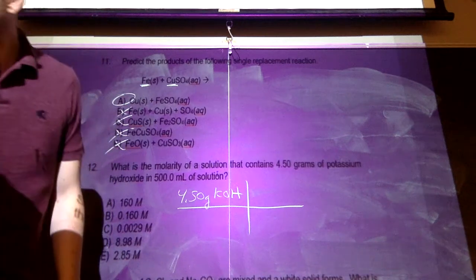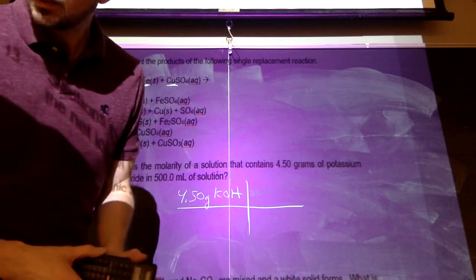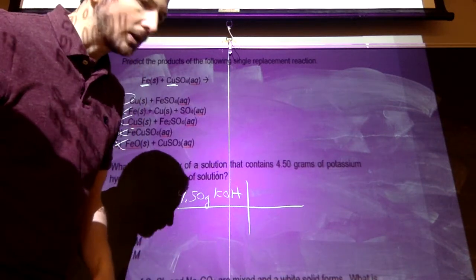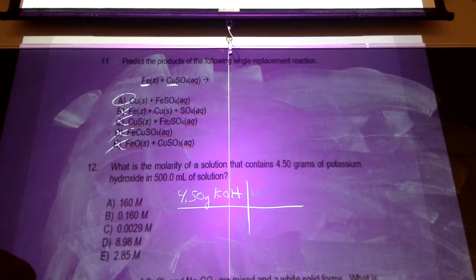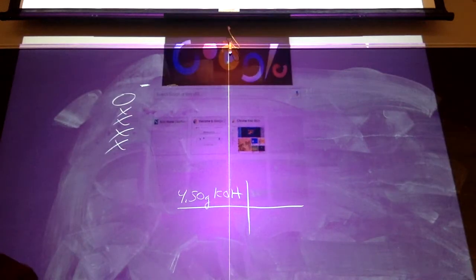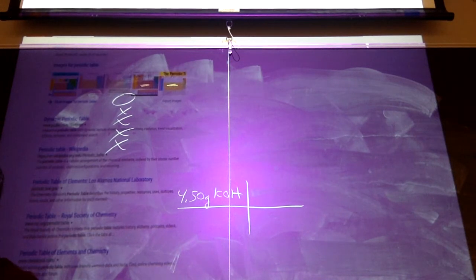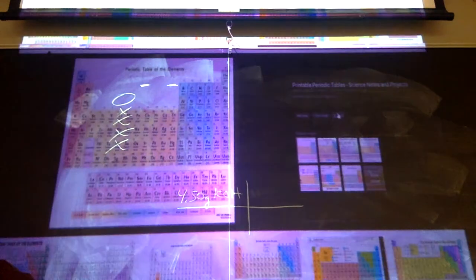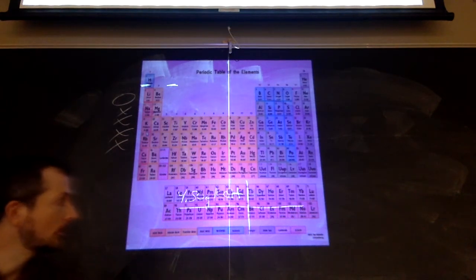I need to find the molar mass of that, and looks like I forgot my periodic table, so I might have to pull one up. So potassium is 39.1.